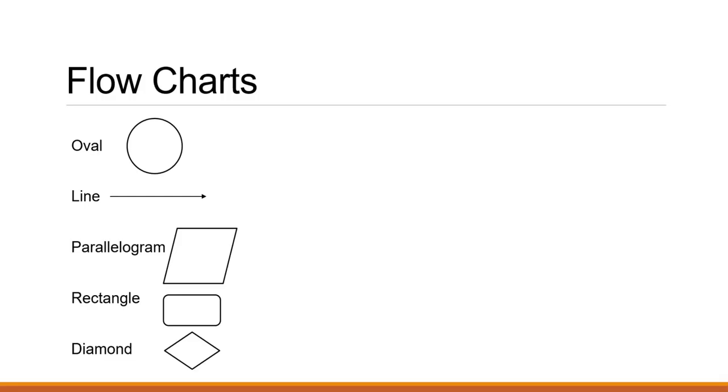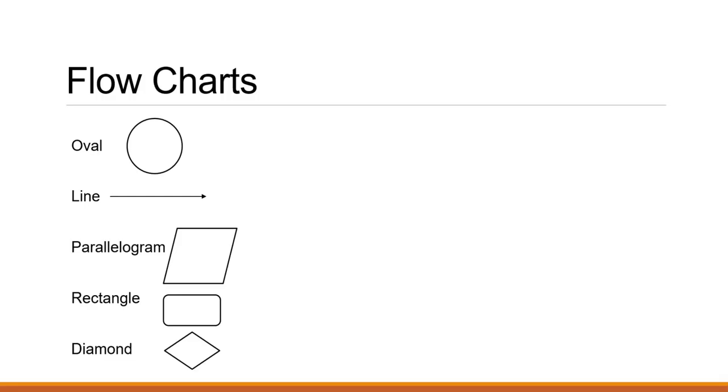If it is an oval, that is a start or end point in a chart. Arrows or lines connect and show relationship between the representative shapes. It helps to guide you to where you're going next.